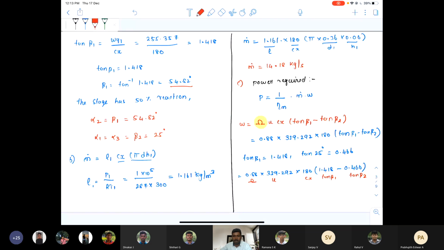We have substituted all the values in the corresponding equation, and on calculation the value of W will be equal to 5164.15 joules per kg. You will be getting the value of W is equal to 5164.15 joules per kg. This is how we have attained the value of W. Okay, do you have any doubt?